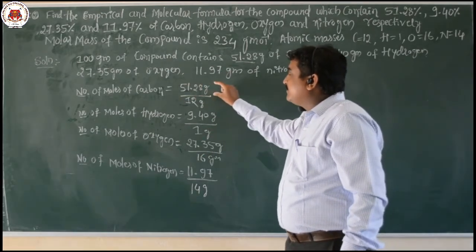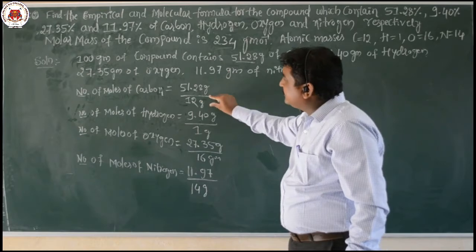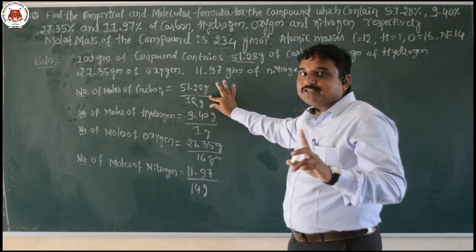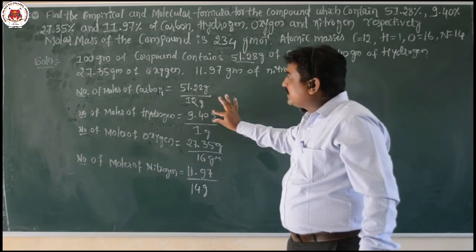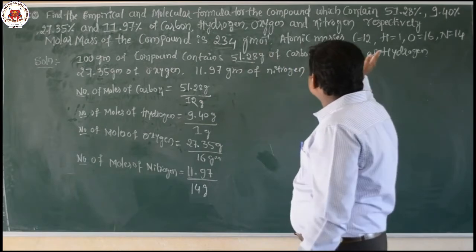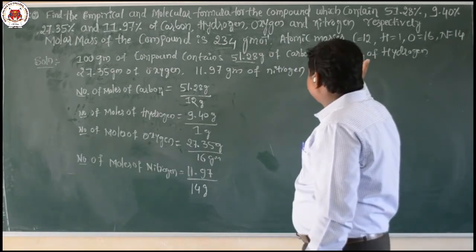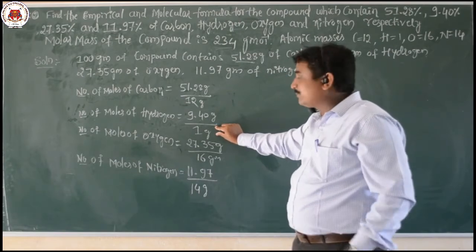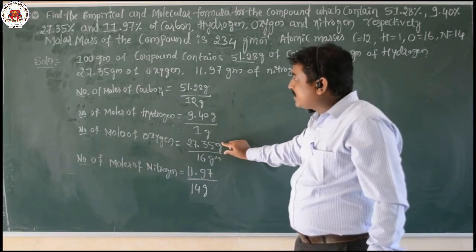Number of moles of carbon means the given mass of the carbon divided by the atomic mass. Atomic mass of the carbon is 12. Similarly, number of moles of hydrogen: the given mass of the hydrogen in the problem is 9.40 gram, divided by the atomic mass of hydrogen, which is 1. Then number of moles of oxygen.